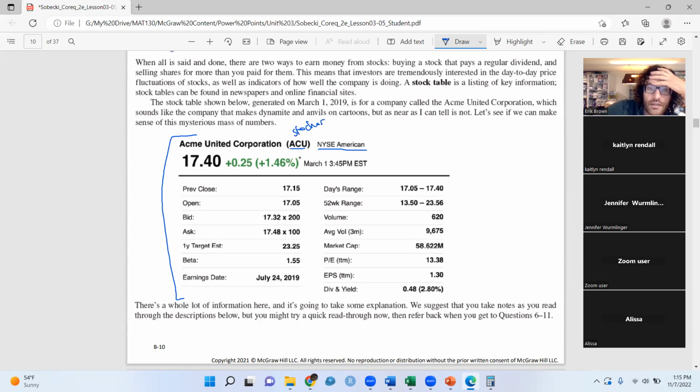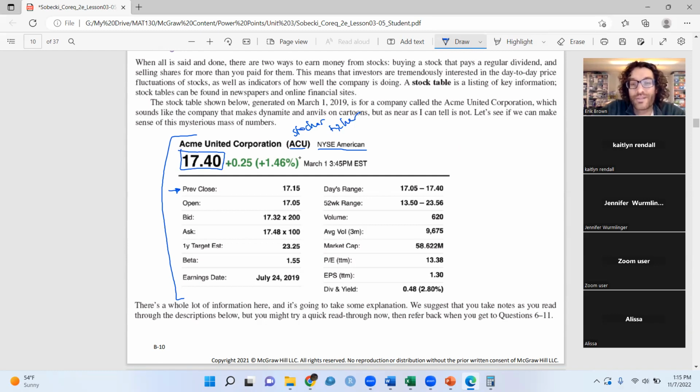So it's the 3-symbol thing that you'll see in newspapers and whatever. Okay, so then we have all of this information. So previous close is the value of the stock, this big number, at the end of the trading day, previous day.